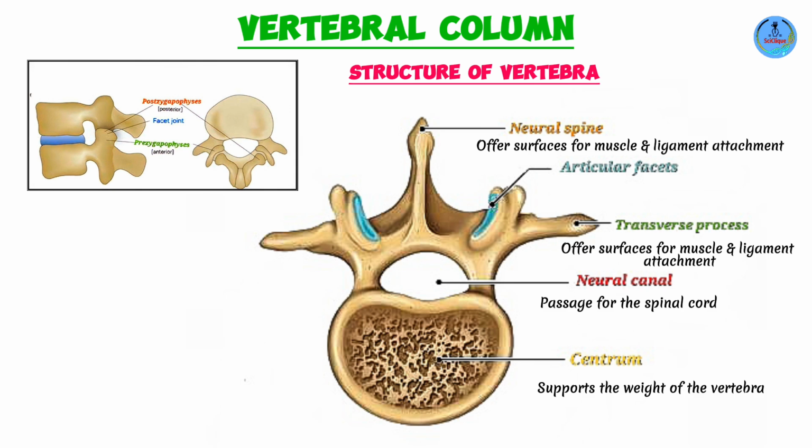So remember, the vertebrae articulate with one another, leading to the formation of the long continuous structure known as the vertebral column or the backbone. So it is at the facets where one vertebra articulates with another. Now, the facets found at the front of the vertebra are known as pre-zygapophyses. These articulate with the facets of the vertebra above, as you can see.